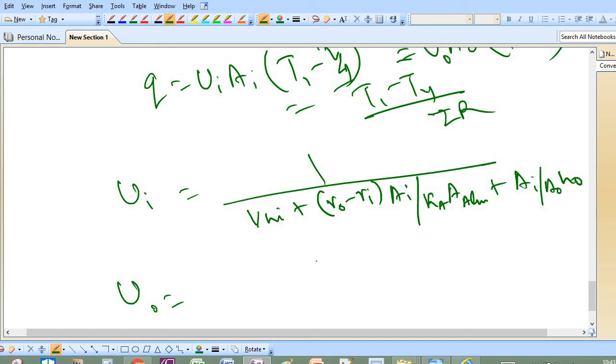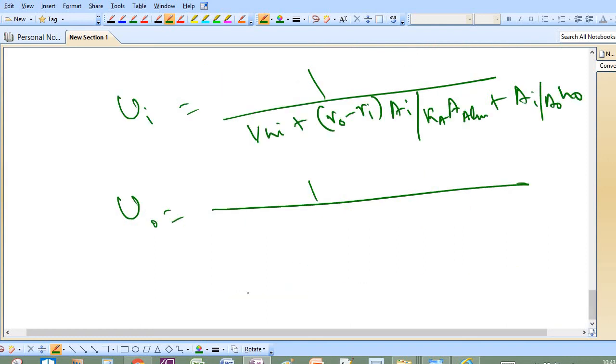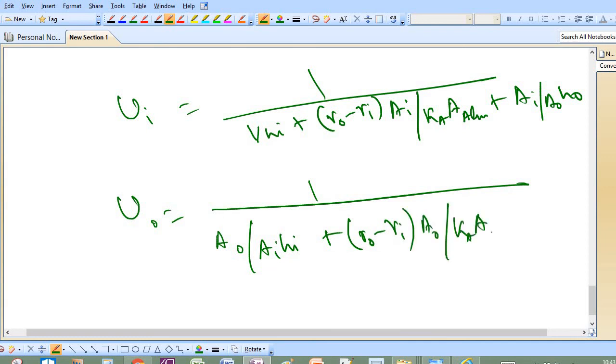UO can be written as 1 by AO by AI HI plus RO minus RI AO by K ALM plus 1 by HO.